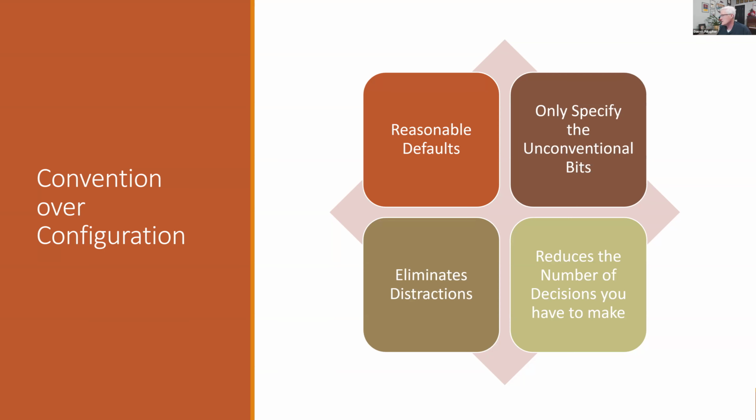That's a reasonable default type of situation. Also, only specify unconventional bits of data. If things are conventional, then that should be in the framework. That should be in the conventions. So I'm not rewriting the same things over and over again. The idea here is that the framework takes care of the redundancy so you can focus on the specialized or the unconventional bits of your application.